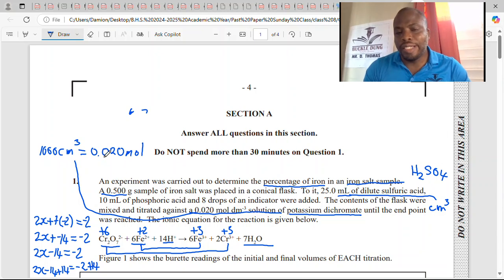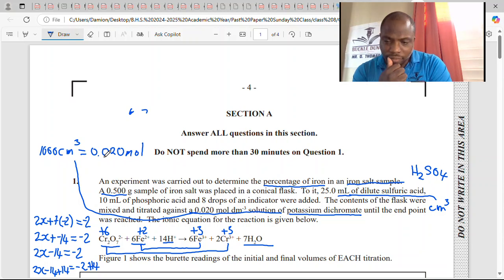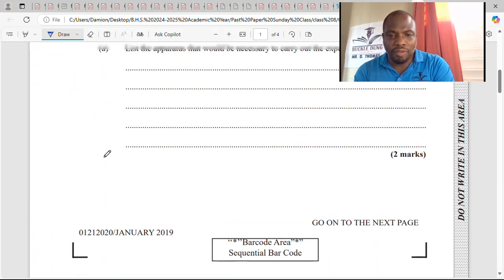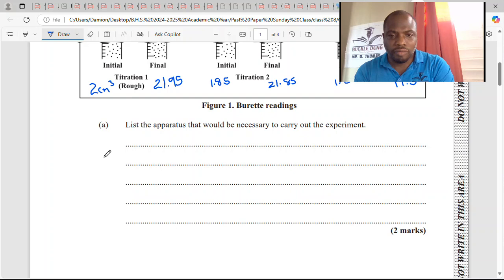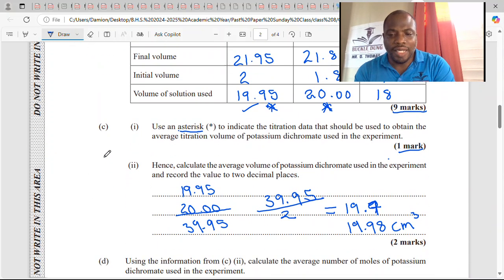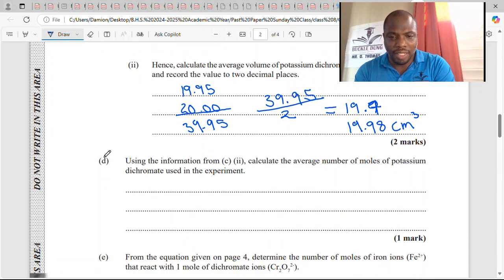But the question is now saying to us, since we took out a portion of this potassium dichromate solution, and when we used it, it would have been 19.98.